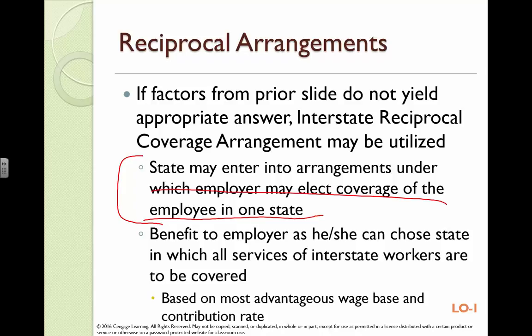So they had probably very competitive SUTA tax table rates, right? So that's probably where you would choose to have your reciprocal agreement. So it's based on what's got the lowest cap, what's got the lowest tax rate schedules. That's where I'm going to choose to form my reciprocal arrangement.